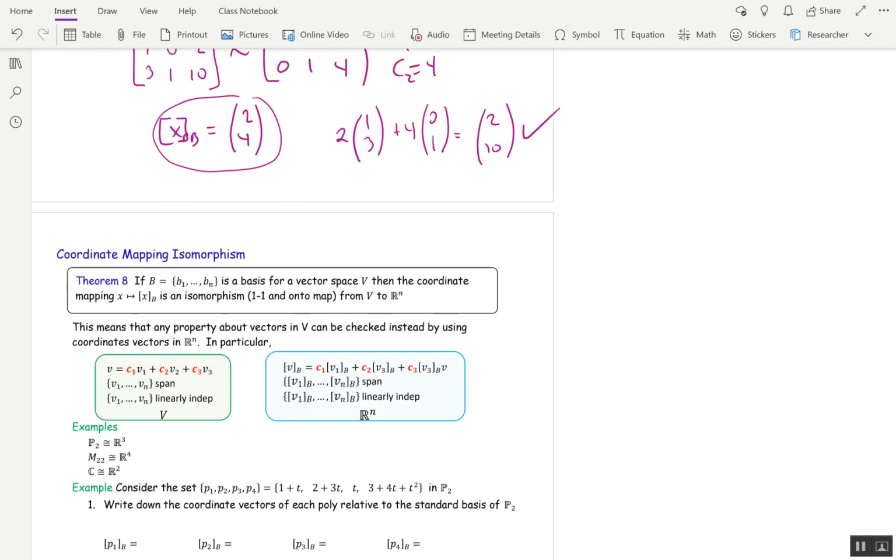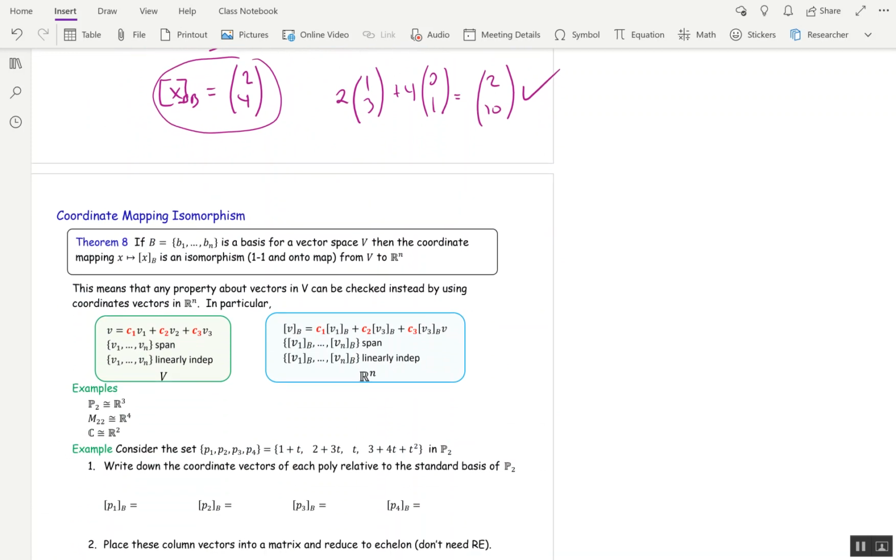Coordinate mapping isomorphism. All right, if you have a basis for a vector space that has n elements in it, then the coordinate mapping that takes a vector to its coordinate vector is an isomorphism from V to Rn. Now what that means is that the vector space looks like Rn.